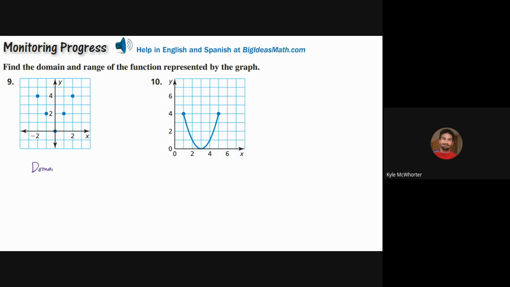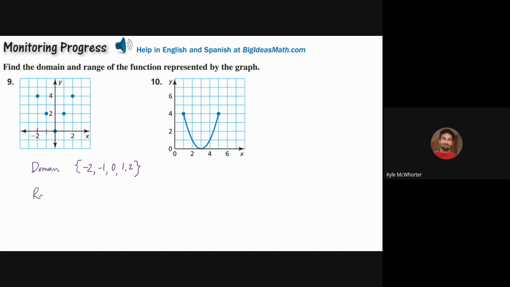So the domain of the first one is, we only have 5 x values, right? So -2, -1, 0, 1, and 2.